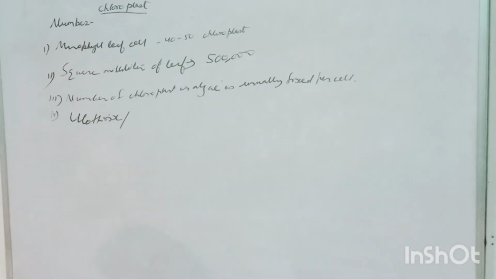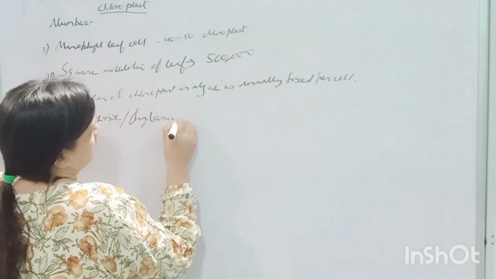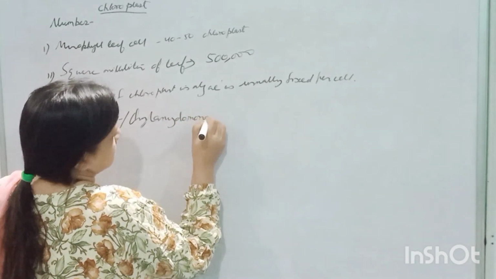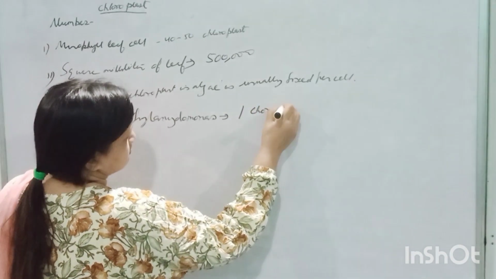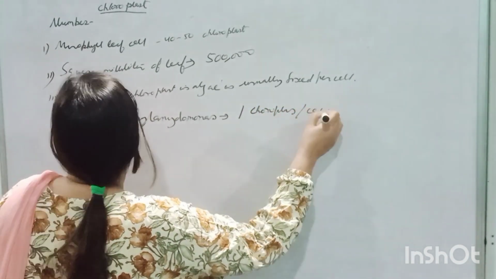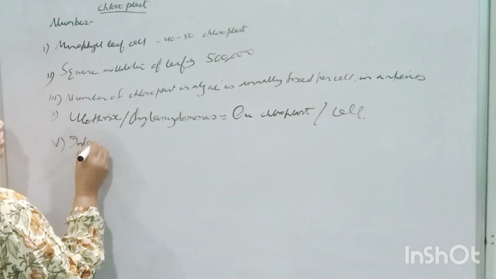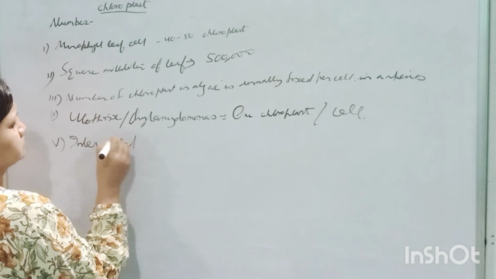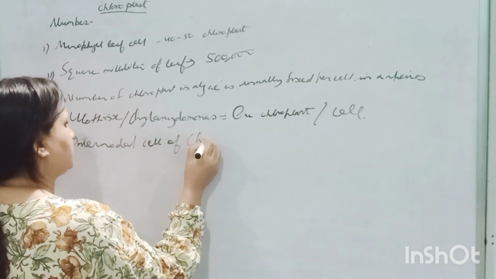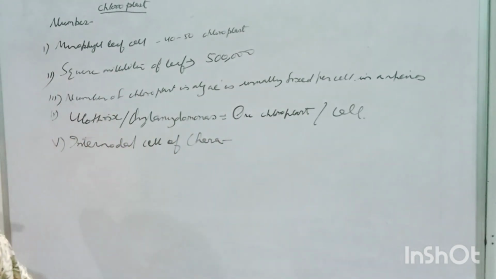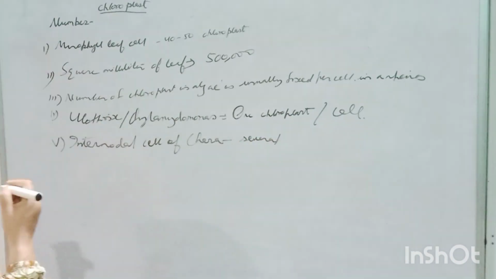Ulothrix and Chlamydomonas have one chloroplast per cell. The internodal cell of Chara has 100 chloroplasts.